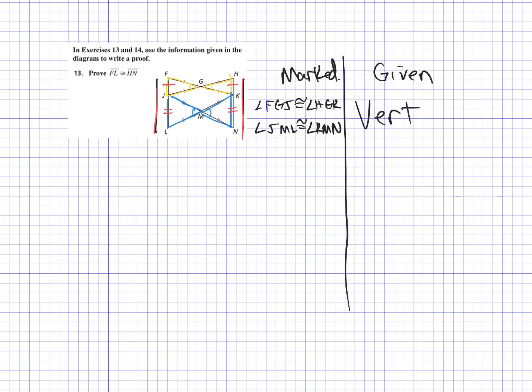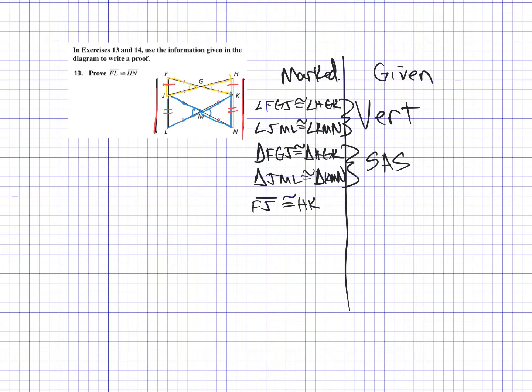Okay, and then we can say triangle FGJ is congruent to triangle HGK, and triangle JML is congruent to triangle KMN, and those are side angle side, and therefore we can say what I marked, FJ is congruent to HK, and JL is congruent to KN, and that would be CPCTC.